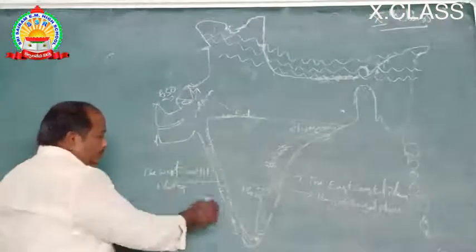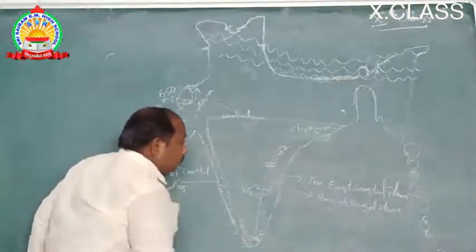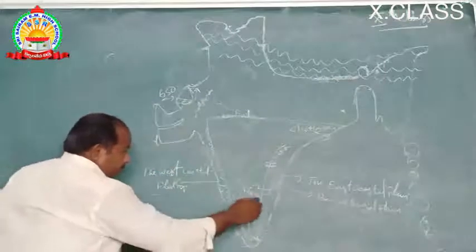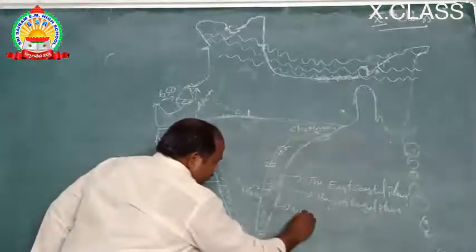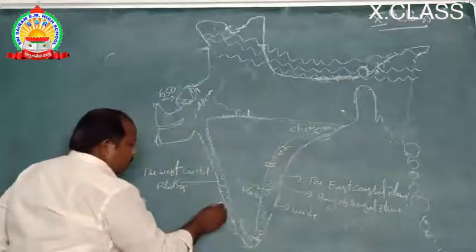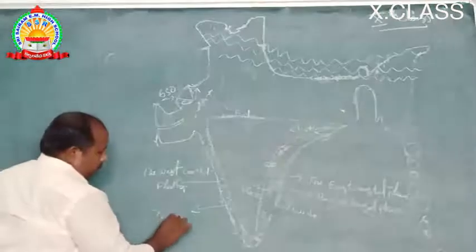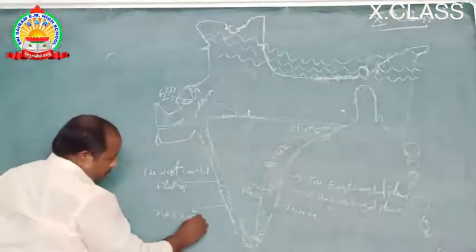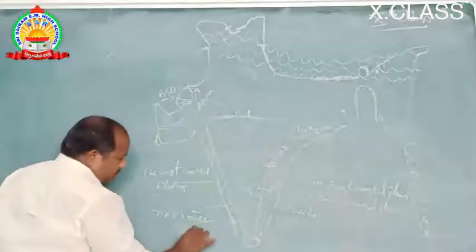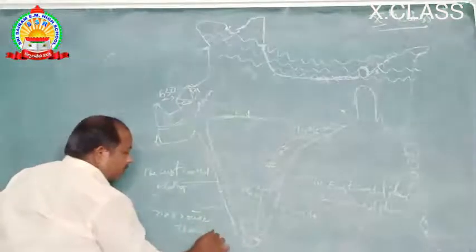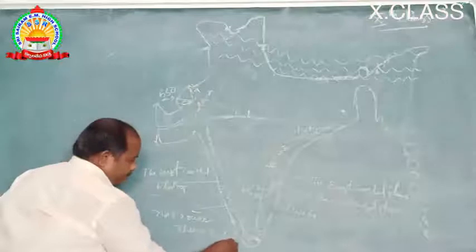The west coastal plain is narrower than the east coastal plain.